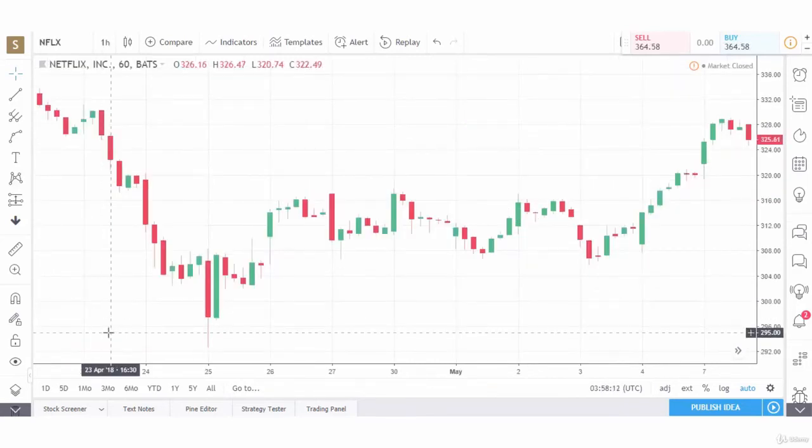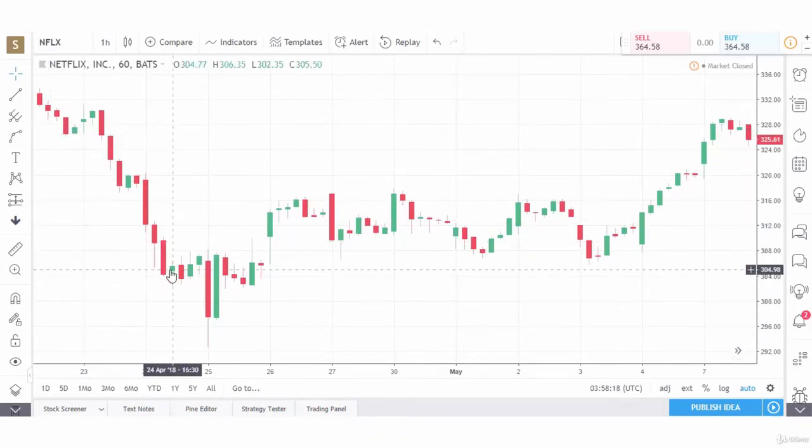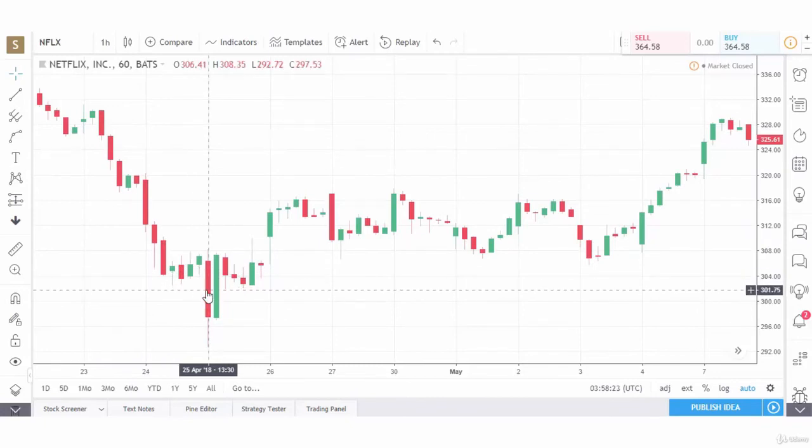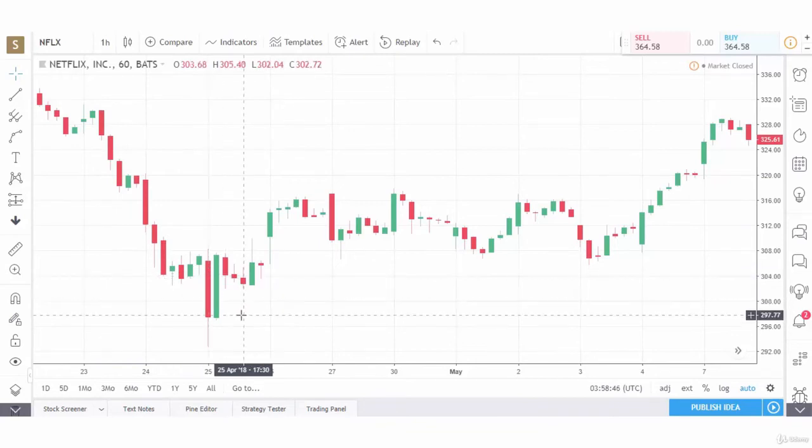Let's take a look at this bullish engulfing pattern for Netflix. We have a bearish trend. We're on an hourly chart here. We have a large red candlestick, and it looks like the stock may continue this downward trend. And then the next day we have this bullish candlestick. That's a bullish engulfing candlestick.